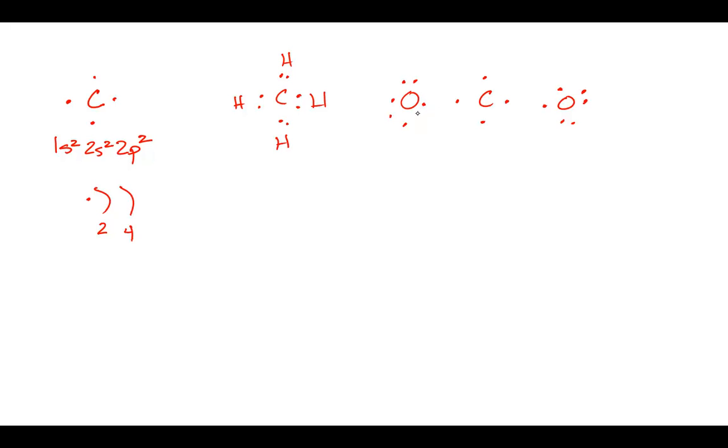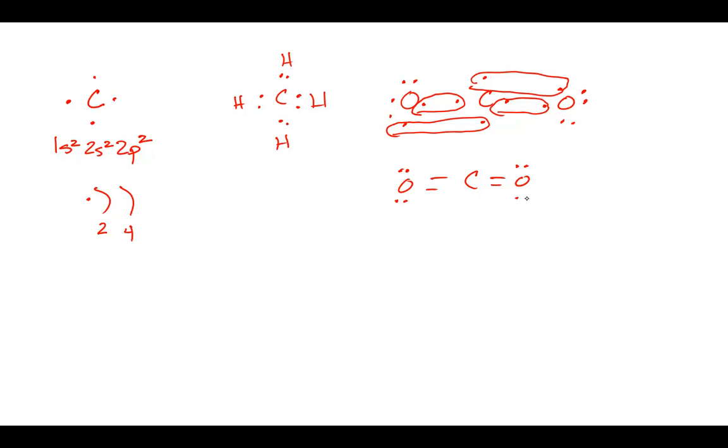So there'll be a shared pair between the oxygen and the carbon. Same thing here, same thing over here, and same thing here. So when we clean this up, we will get carbon with a double bond to each oxygen, and then each oxygen will have 2 non-bonding pairs or lone pairs. So that's carbon with the double bond.